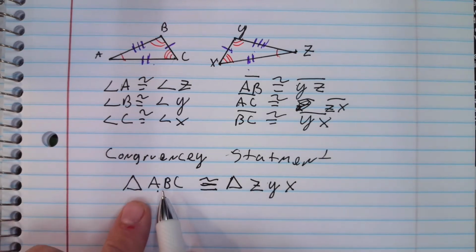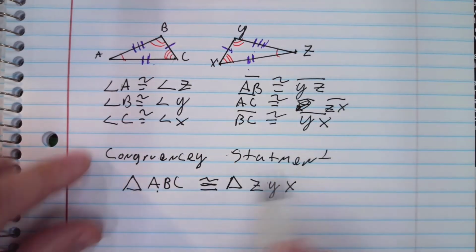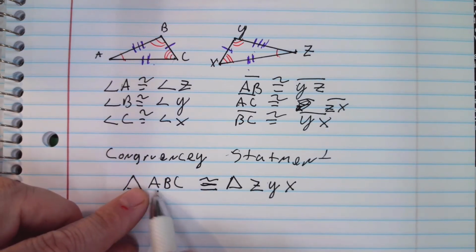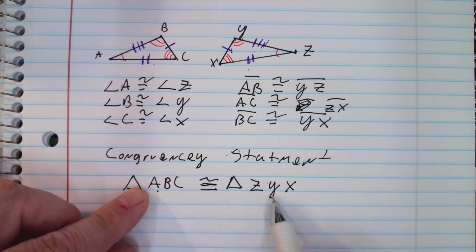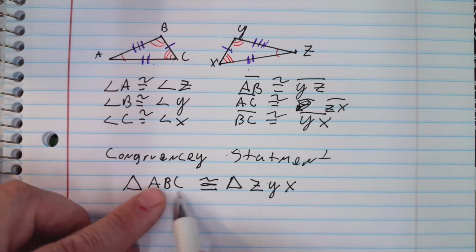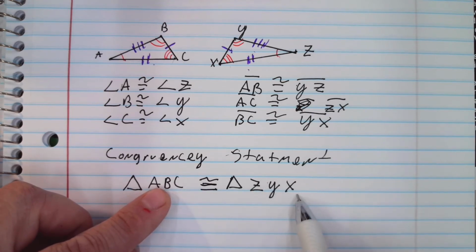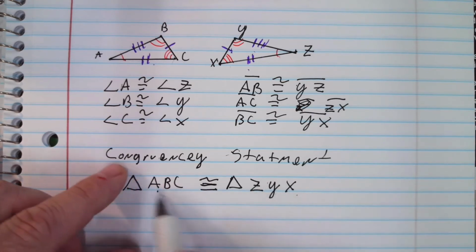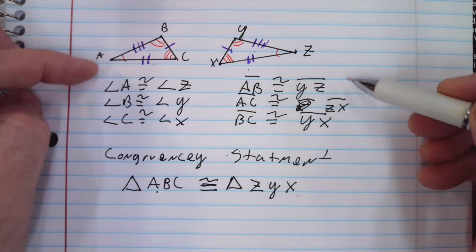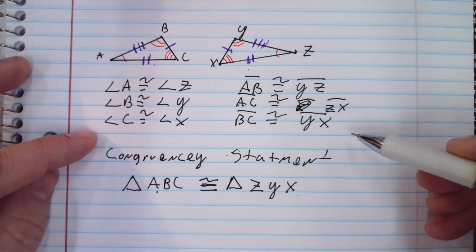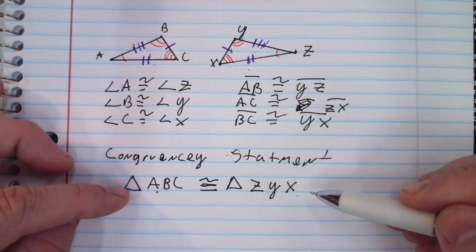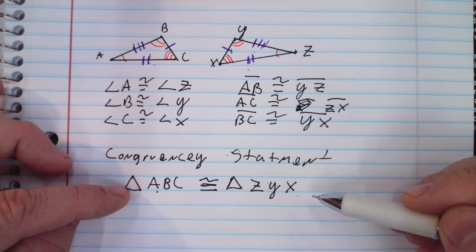And so with this, we can do all this information. So segment AB goes with segment ZY or YZ. Doesn't matter, does it? Segment BC goes with. Okay, so basically this is the same thing as this. Does that make sense? This takes less time to write.